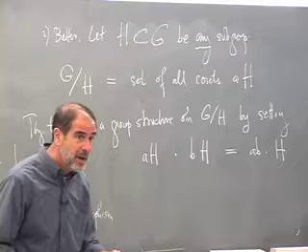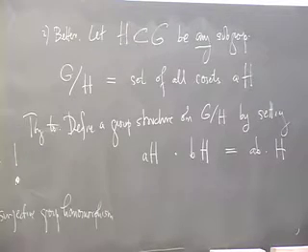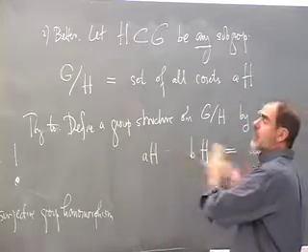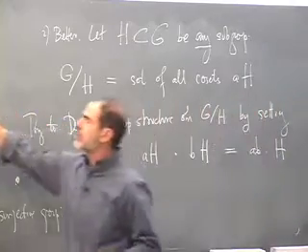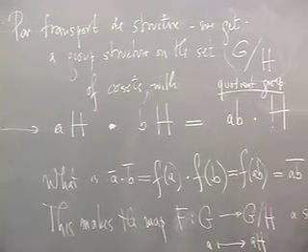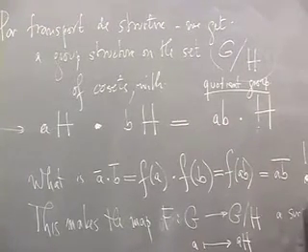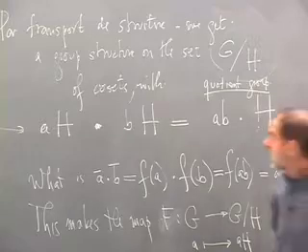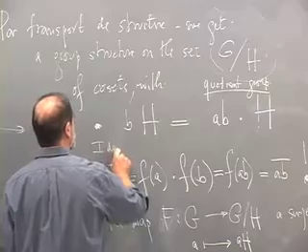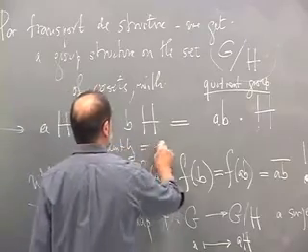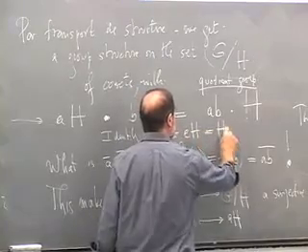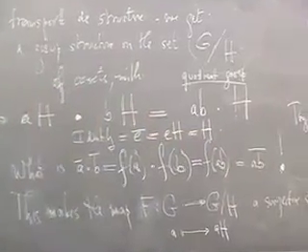So the reason it fails is the following. Before you get the group structure and everything, you have to check that this is associative. You have to figure out what the identity element is. What's the identity element in the quotient group? The identity element has to be the image of the identity under this homomorphism, which is equal to e bar, the coset of e, which is just the coset H. That's the only distinguished coset you have.